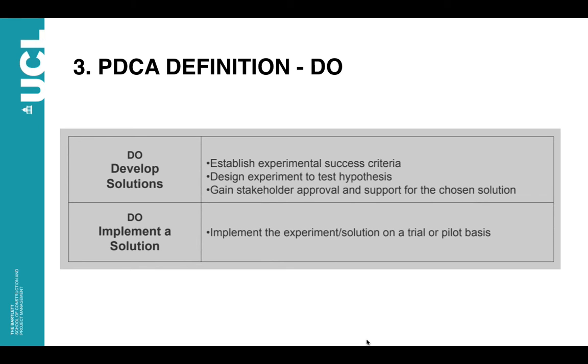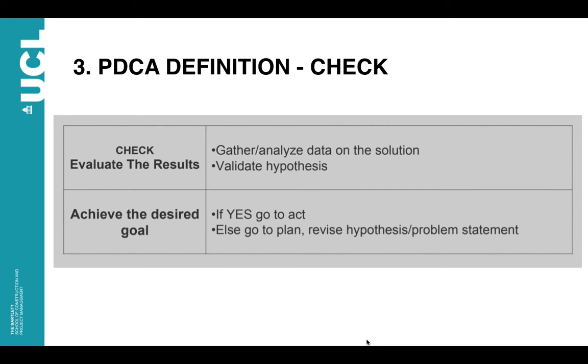Later, we need to design our solution and gain the support from stakeholders in order to implement the chosen solution. In the second sub-phase, when we implement a solution, basically we will implement that solution on a trial or pilot basis.